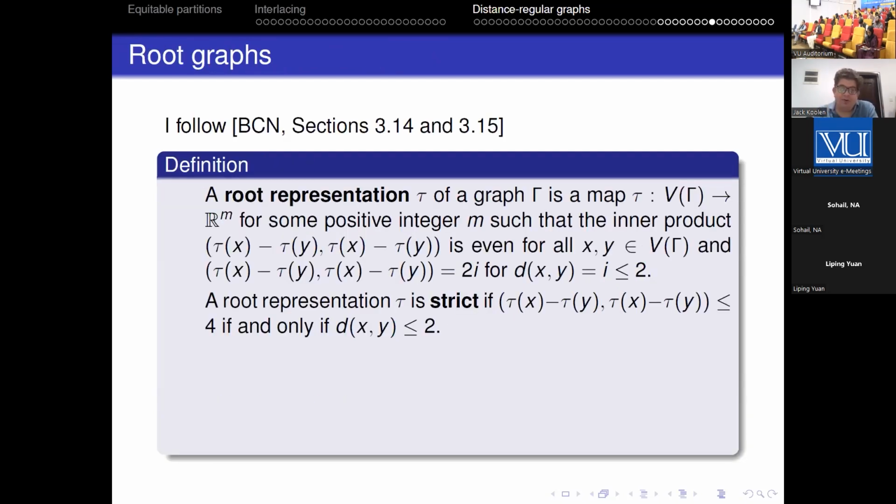So now I will follow BCN sections 3.14 and 3.15. This is about root representations and root graphs.